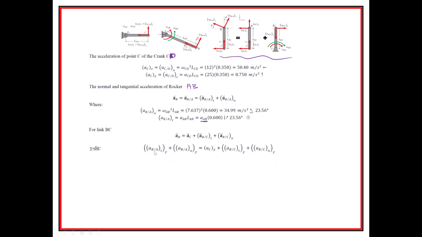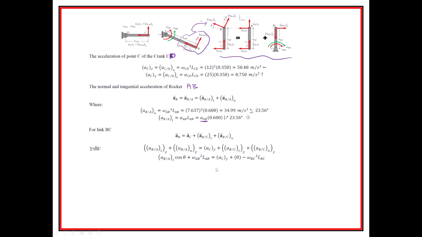Well, we know it's going to be the stuff that we found over here, right? So all that stuff gets applied up there. So instead of breaking it down into x and y completely here, I'll keep it as tangent, but I'll do the y component of the tangent and the y component of the normal. And then I'll write it for this next piece right here in the y direction.